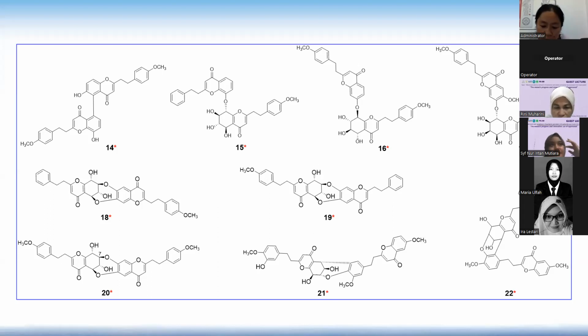But one special dimer found from this sample is compound 14 here, with 2 phenylethyl chromones consisting the dimer, because usually one is 5,6,7,8-tetrahydro and another is a normal chromone, but this one is 2 chromones.